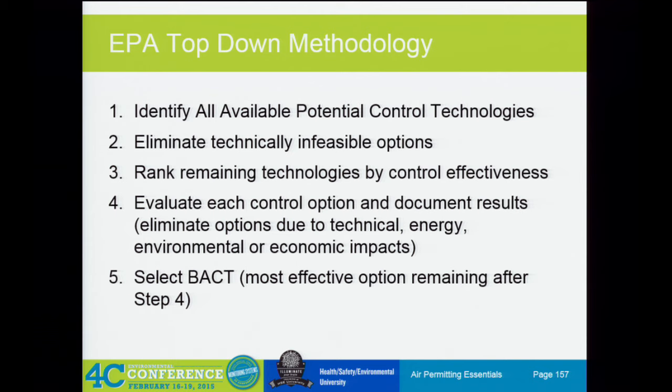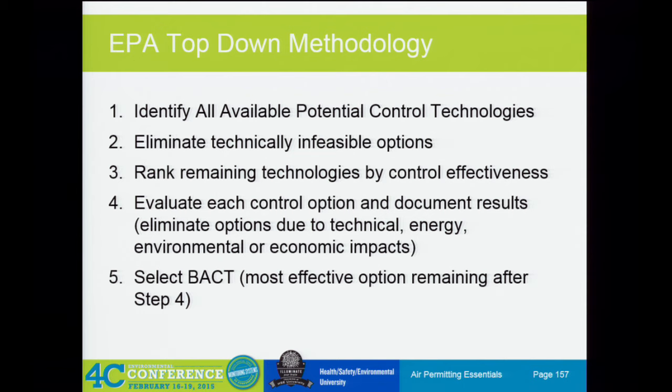In the case of a combustion device, you're going to be emitting lots of NOx and CO, and it creates environmental impacts that are too high for that specific area. Well, that eliminates all of your combustion control devices. So that would be one thing you could remove on environmental grounds: if you can demonstrate that the impacts from your control device are worse than the impacts of the process vent that you're controlling, then you can eliminate that as an option.